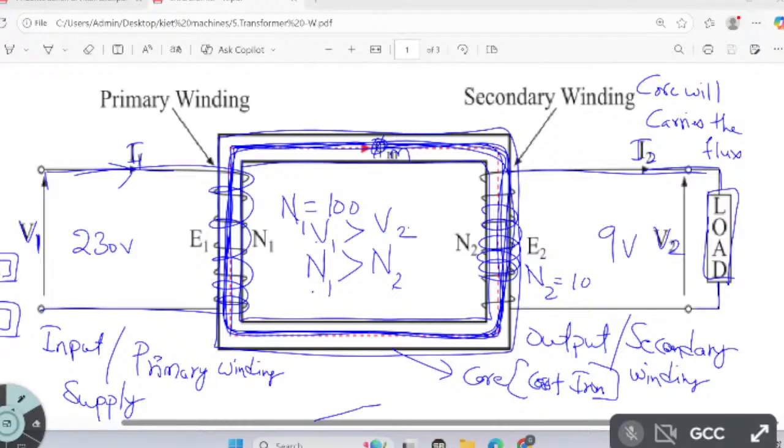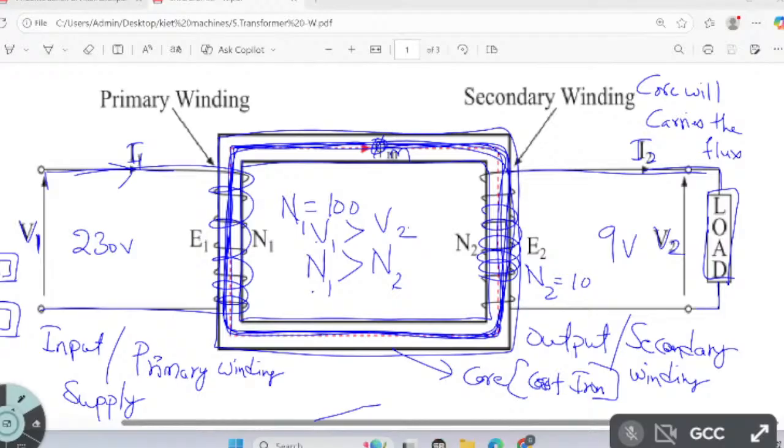That sound indicates that flux is revolving in the core. That is why you are getting that noise. That noise is nothing but flux flowing in the core. So what is the function of the core? It carries the flux.